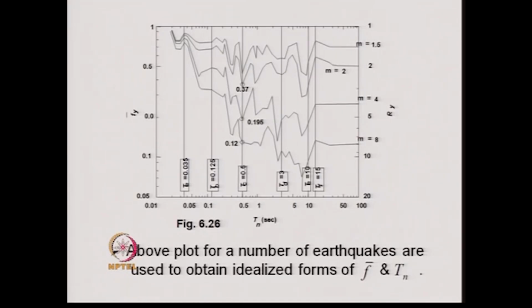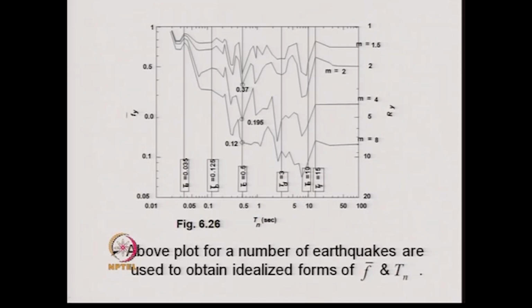Now, this exercise was done for not only one earthquake, but for several earthquakes, and then these curves were averaged out in order to find a tentative shape of the curve showing the relationship between f bar y and the time period T n for a given value of ductility.